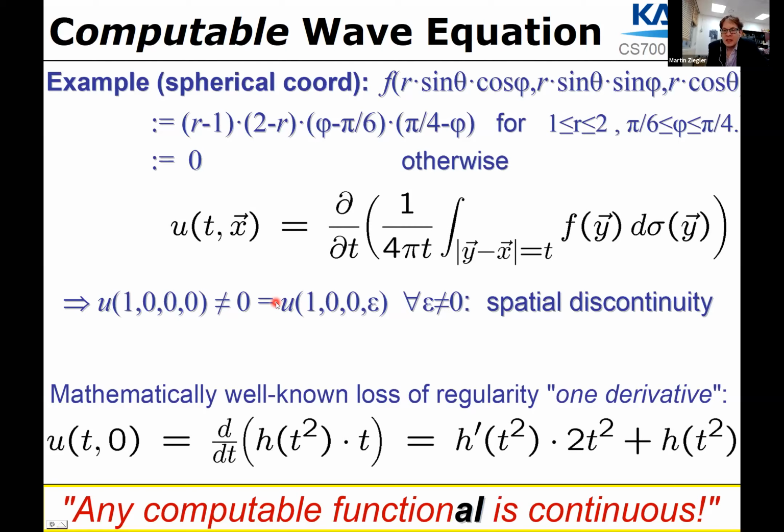And so, as I said, mathematically this has been well known: the solution will lose 1 degree in regularity. So if we start only with a continuous initial condition, then in general the solution will be discontinuous.